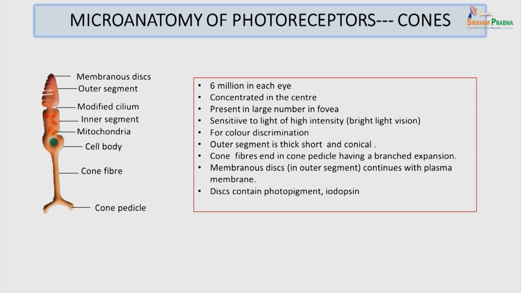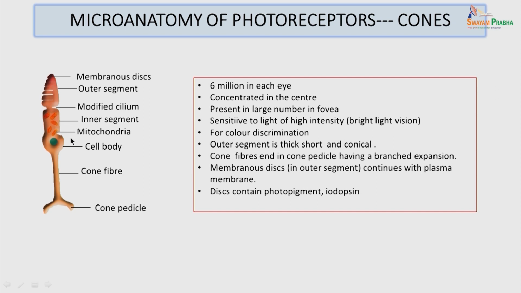Coming to the cones, 6 million in each eye, concentrated in the center, present in large number in the fovea, sensitive to light of high intensity, bright light vision. These are for color discrimination. Here you can see the outer segment, which is thick, short and conical.